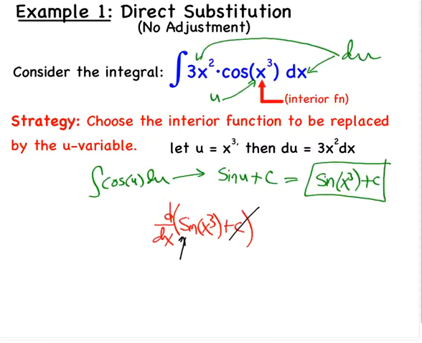The derivative of sine is cosine. We don't change the inside function, but then we take the derivative of the inside function to complete the chain rule. So the derivative of x cubed is 3x squared, and we see that this matches our original problem. So once again, the antiderivative of 3x squared cosine of x cubed is simply sine of x cubed.